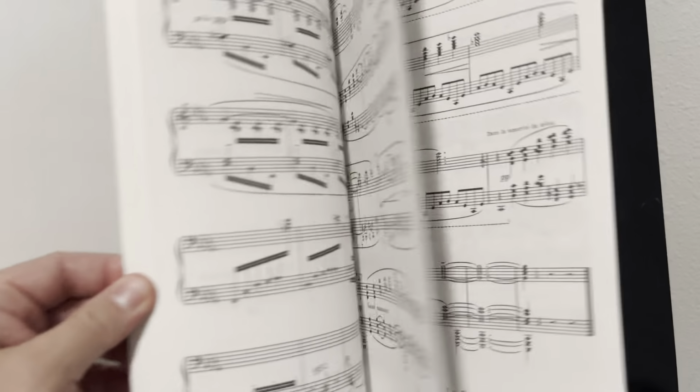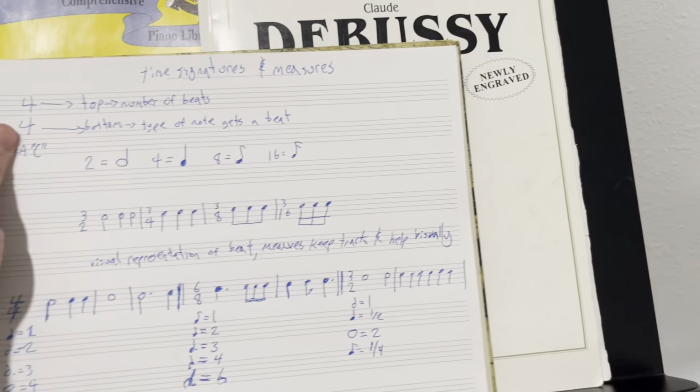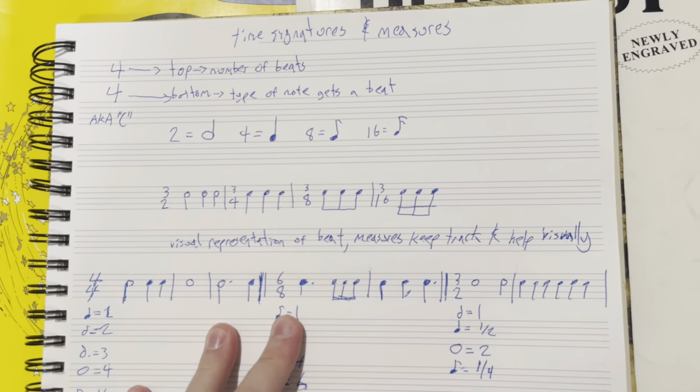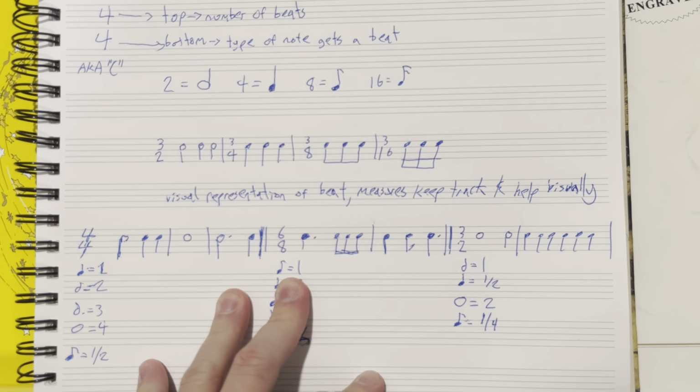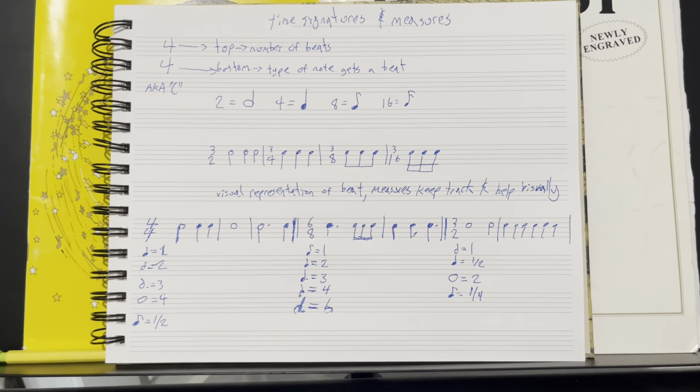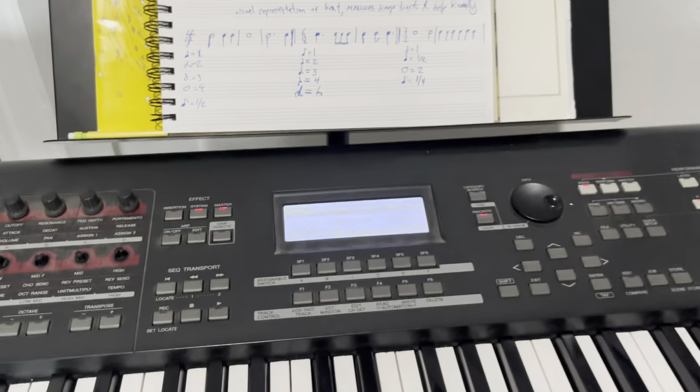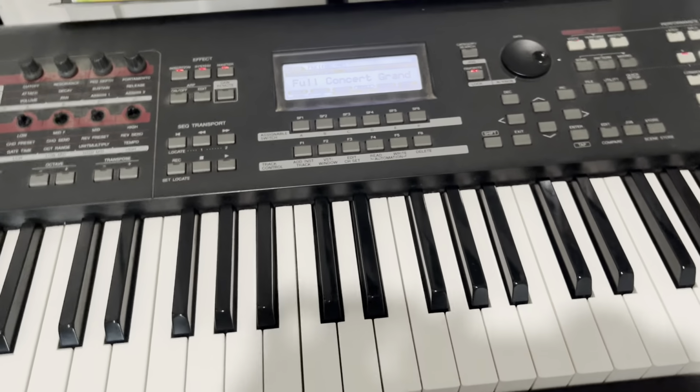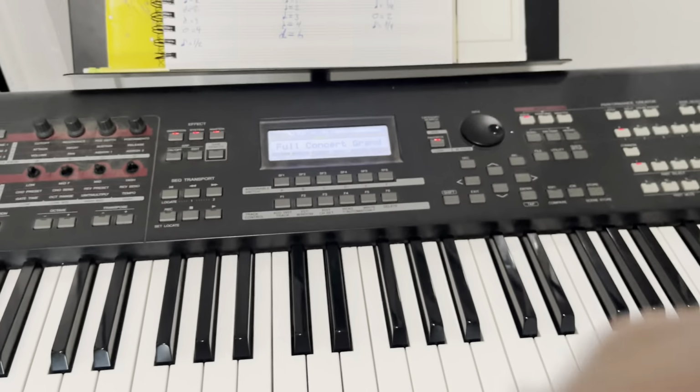Now, one other thing I wanted to point out with time signatures was visual representation doesn't always dictate a difference in actual sound. So let's say I'm just doing this rhythm here.